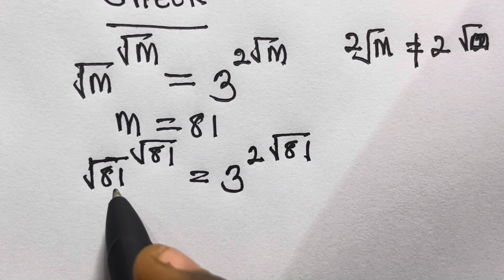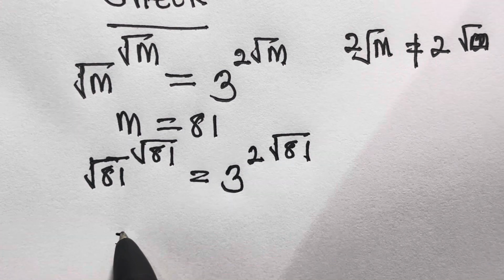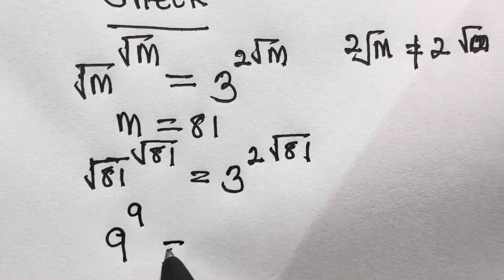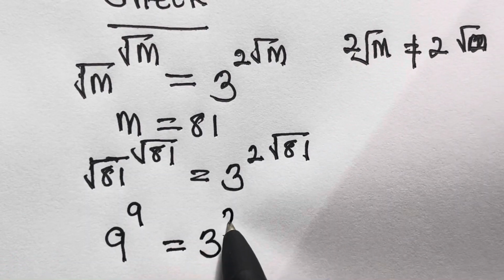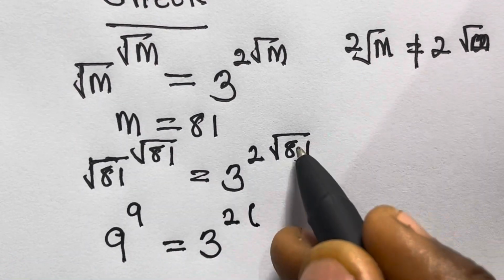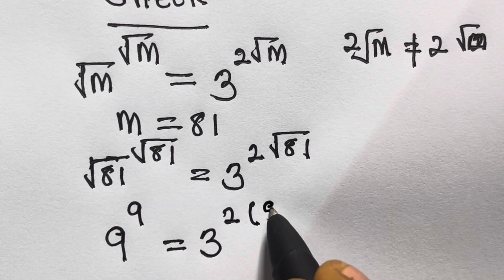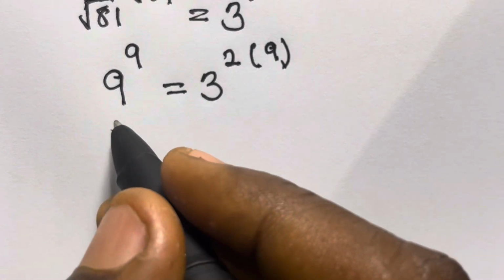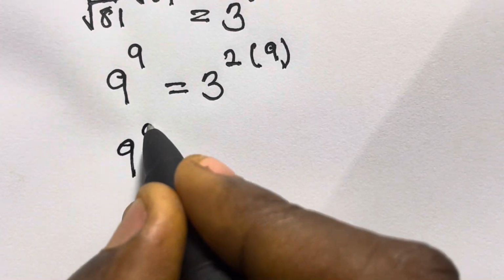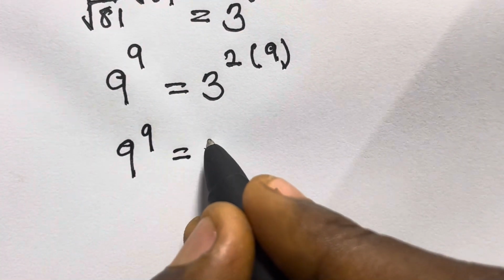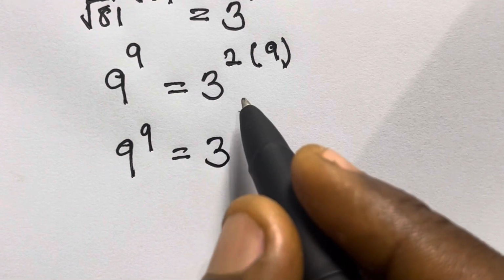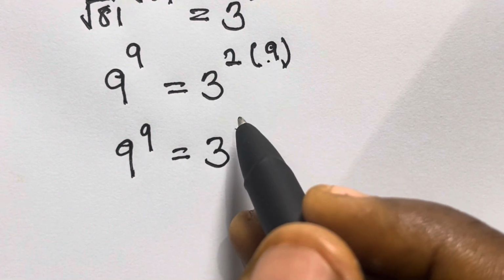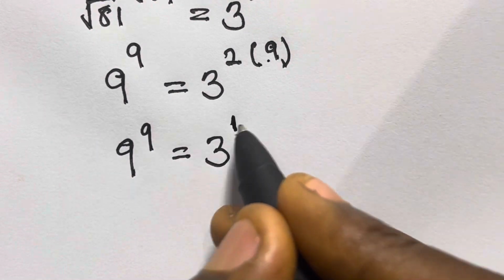Square root of 81 is equal to 9. So we will have 9 raised to power 9 equals 3 raised to power 2 times 9, that is 18.